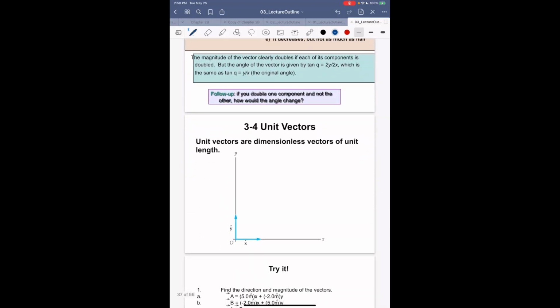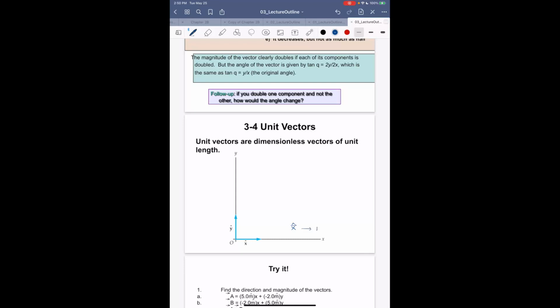Now, another topic here is unit vectors. And when we talk about unit vectors, these are really dimensionless vectors that have unit length. They are really along the x, like you will see here that we are using the x unit vector.